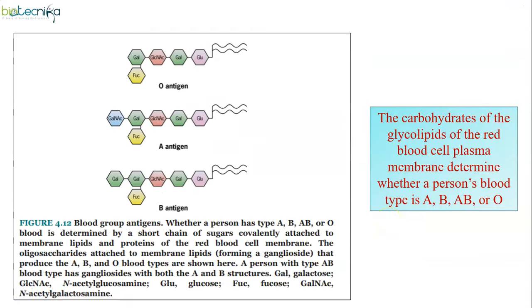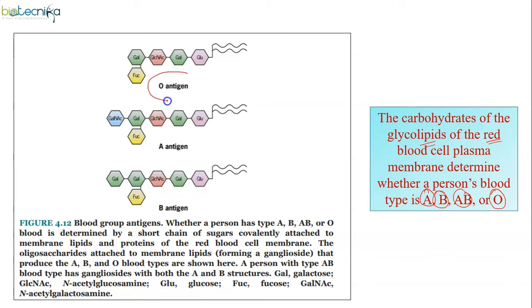The major role of these carbohydrates is of the glycolipids present within the RBC plasma membrane. So that will determine whether a person is carrying type A, B, AB or O as a blood group.